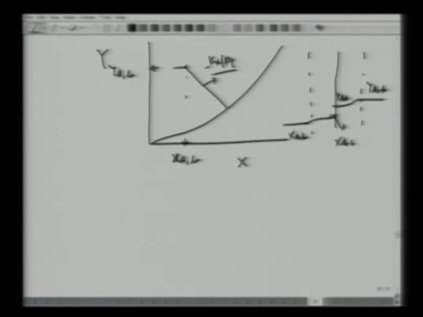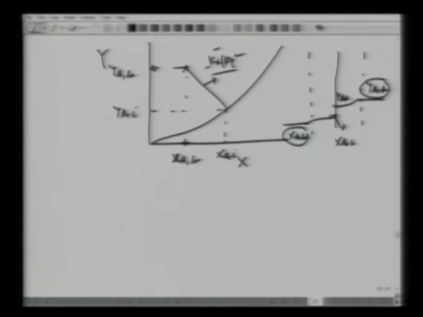So knowing these 4 concentrations, we can calculate this ratio of minus Kx over Ky, and we can plot this. Alternatively, if we know the mass transfer coefficients, then we know the bulk concentrations YAB and XAB. We can mark this point, we can take a slope to reach these concentrations, which are nothing but XAI and YAI.